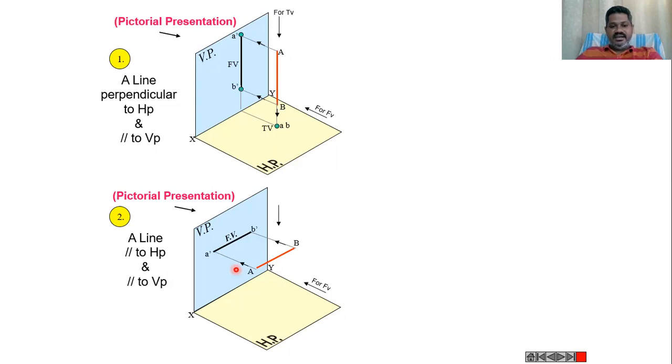Similarly, when we draw the top view of this AB line, which is parallel to HP and VP, it is also a horizontal line on HP with the given length, indicated with A and B. This will become the top view, which is projected on HP, and this will become the front view on the vertical plane.